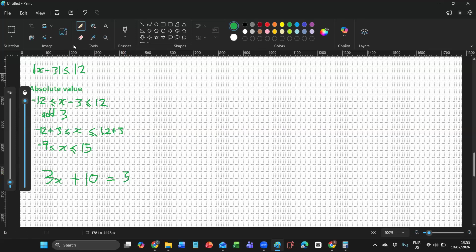Sorry, that 3 doesn't look quite like a 3. Yeah, the first one looks better. Okay, so how would you solve this equation?